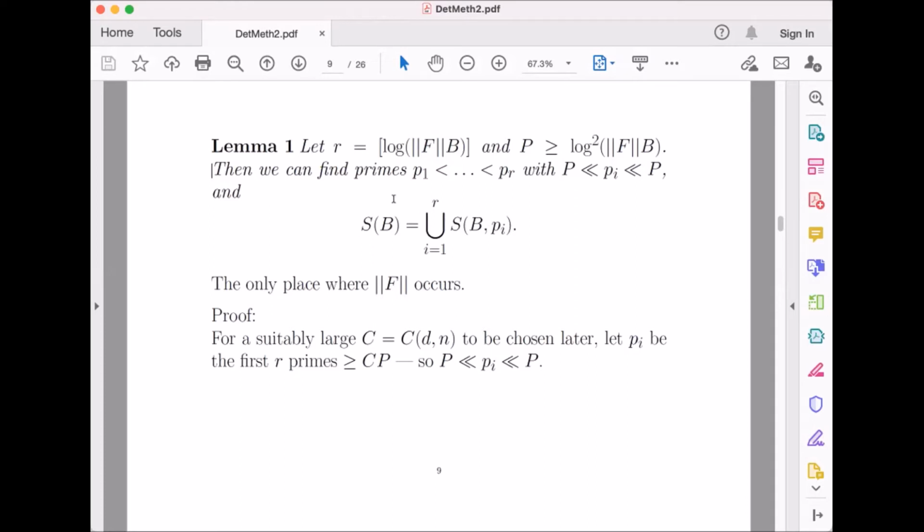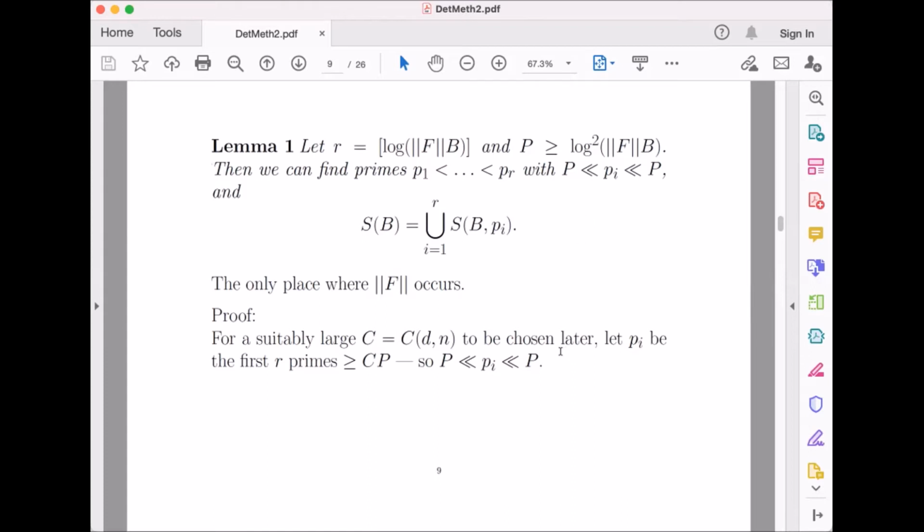And so in order to study S_B, it's enough to study these sets here, and it's enough to prove a bound that relates to S_B,P for an individual P. Now I should emphasize that it's this lemma, the only place where the size of f comes into play.